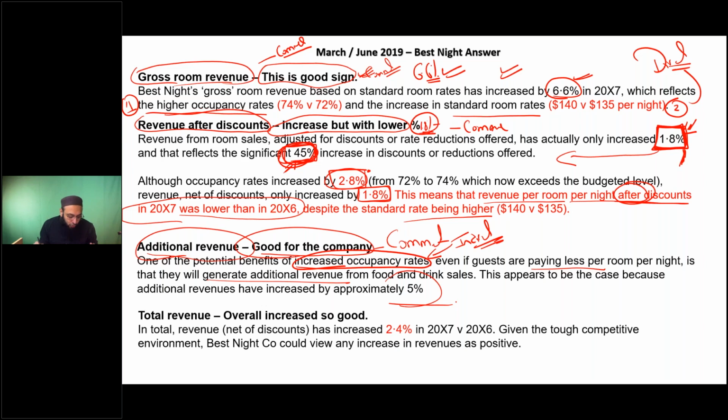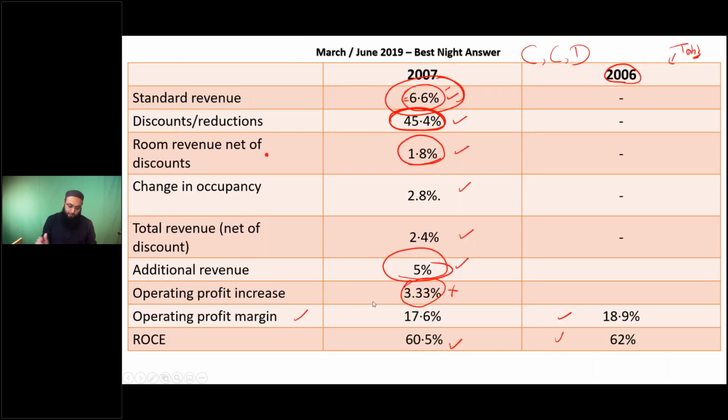Now, total revenue. Listen, revenue of the rooms increased by 1.8%. Revenue of other products like food and cafes and bars increased by 5%. So overall, your revenue increased by 2.4% net of discounts.